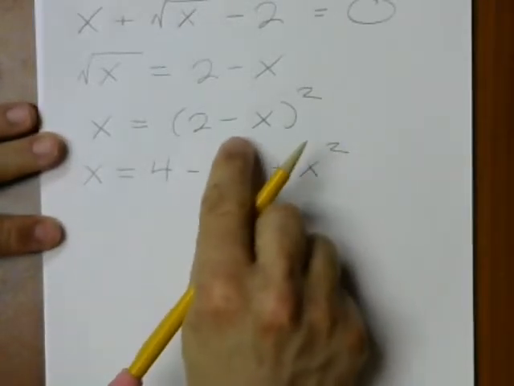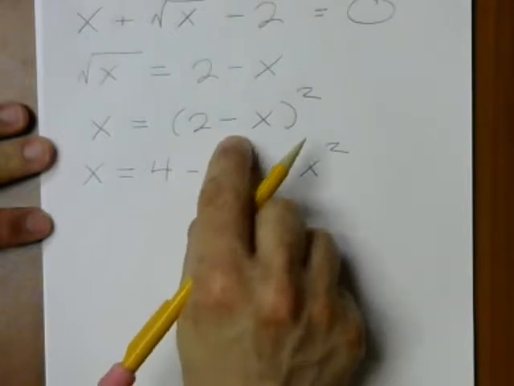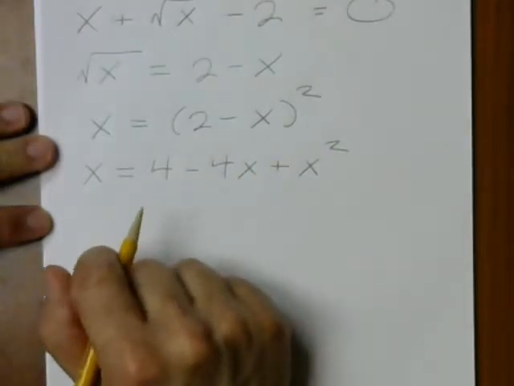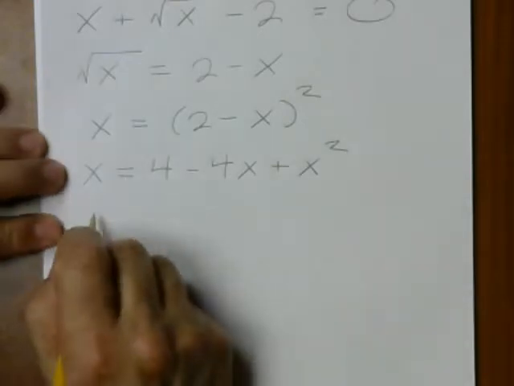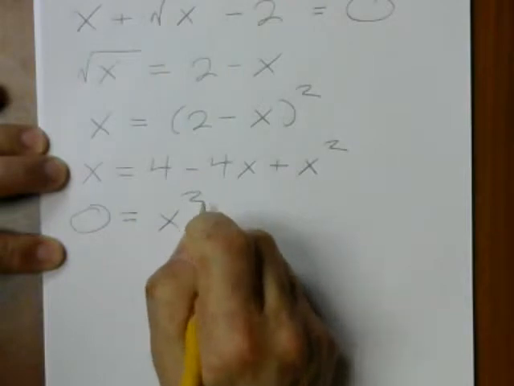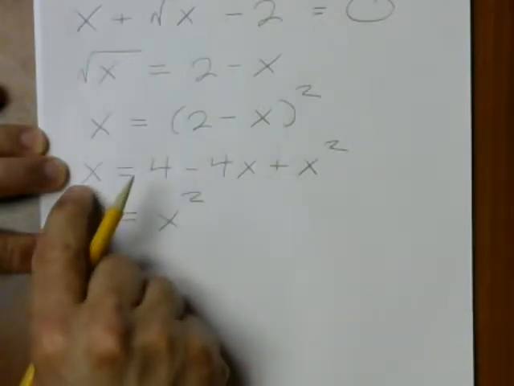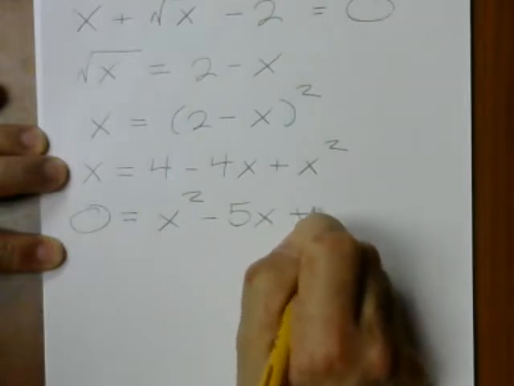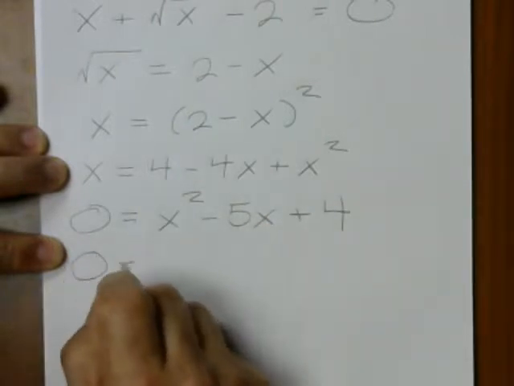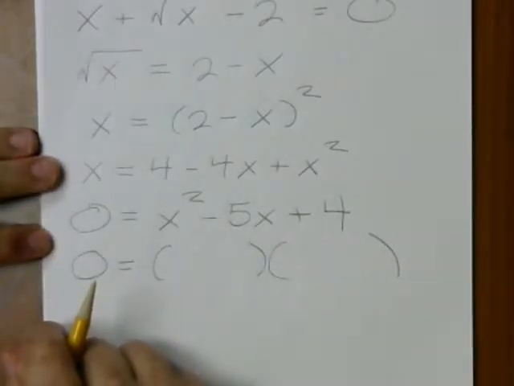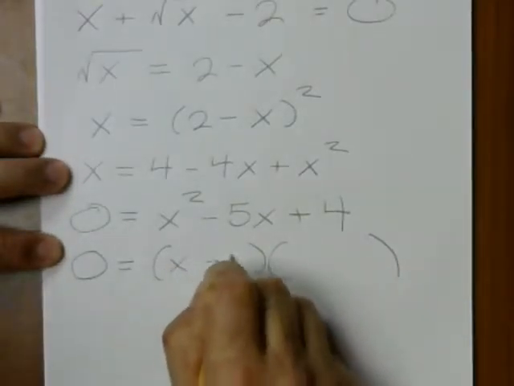And if that's confusing, you can always write out 2 minus x times 2 minus x to get this. Okay, well now what? Let's move everything over to one side, and I'll even write the x squared first. So minus 4x minus x gives me minus 5x plus 4. And let's see if we can factor this.